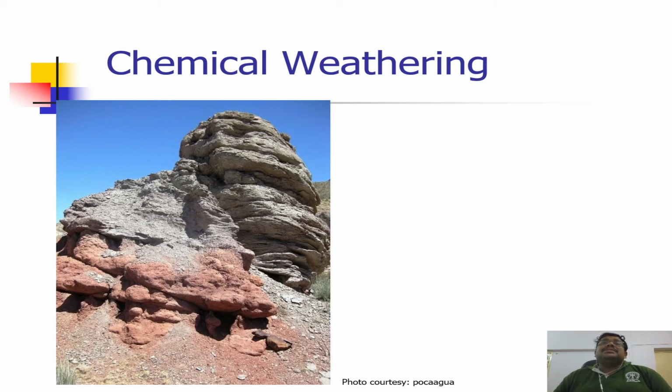Here are some photographs of chemical weathering. As you can see, this is a very good photograph of chemical weathering, and you can see the formation of some oxides at the base of this rock, and these red oxides are forming due to different types of chemical weathering processes.